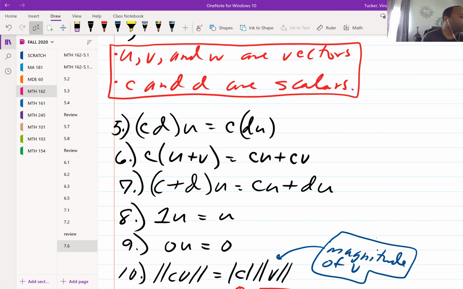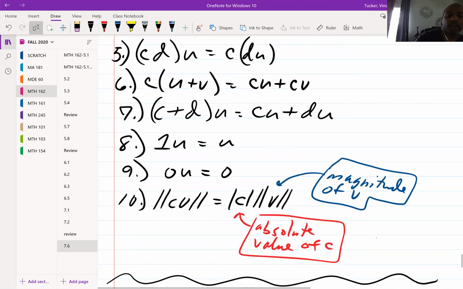Also, if you have c times u plus v, u and v are your vectors, so you can distribute your multiplication of a scalar to your vectors. Same thing if you have c plus d, which are scalars, you can multiply those through distribution with your vector as well. 1u is equal to u, 0u is equal to 0.